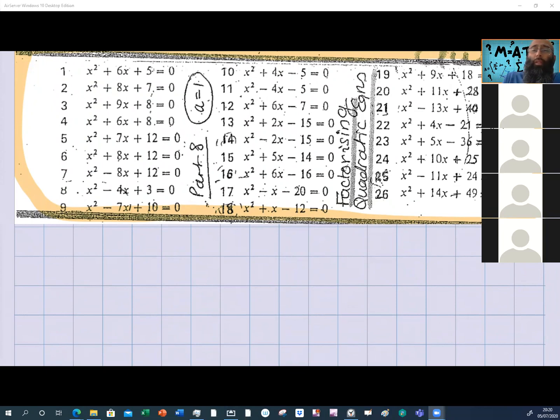I'll explain what it means that the a value is 1. Let's first of all write down our format. So this is the format of our quadratic equation. a is the coefficient of x squared, which means it's the multiplier of x squared. b is the coefficient of x, and c is a constant.